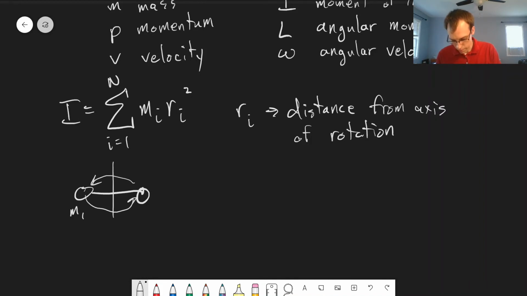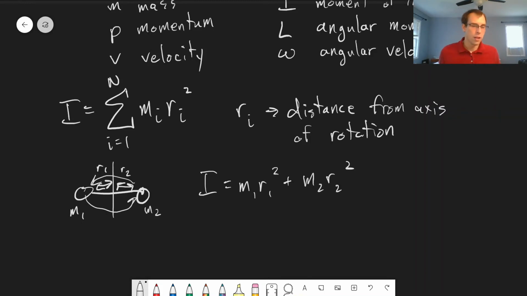So we'll have m1 a distance r1 from the axis, and m2 a distance r2 from the axis. And so we'll say I is equal to m1 r1 squared plus m2 r2 squared. Now it's not a terribly convenient way to write this, so we'll make some definitions.